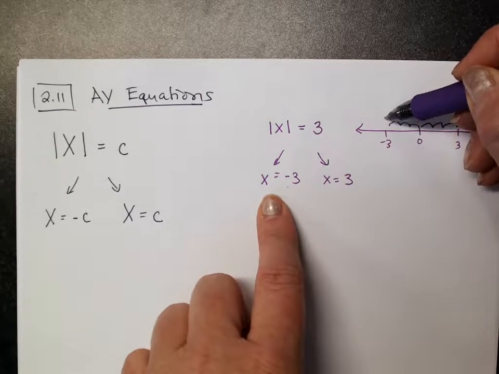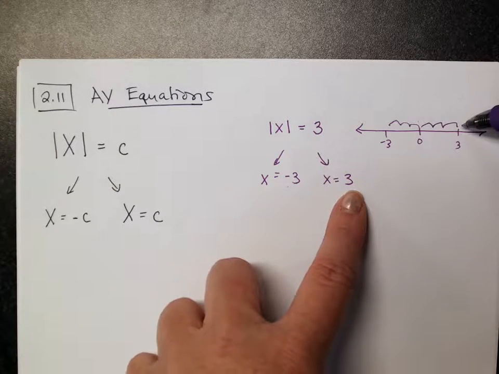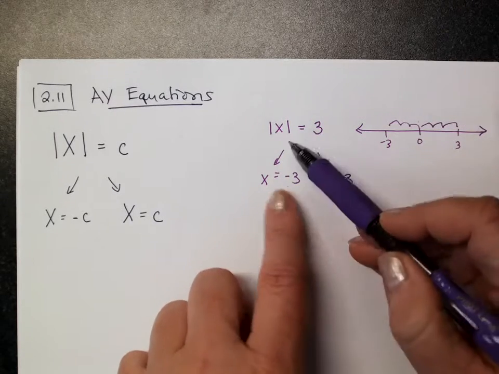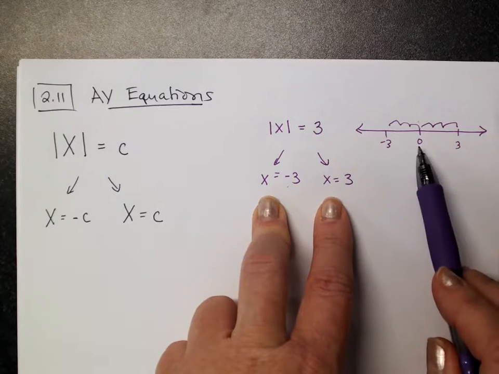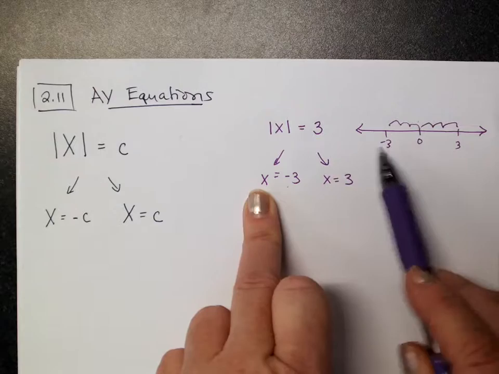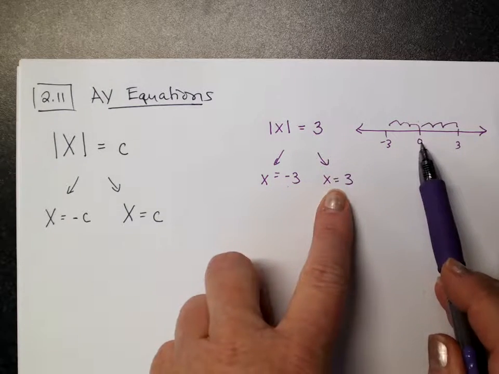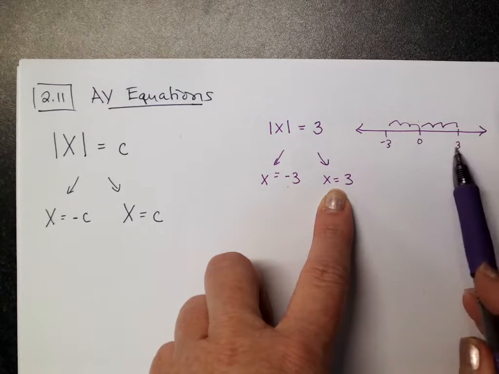There's one of our solutions. And 3 units to the right of the anchor point is positive 3. There's our other solution. Absolute value gives us two solutions because from whatever our anchor point is, we can move left this many units, c units, or from our anchor point, we can move to the right, c units.